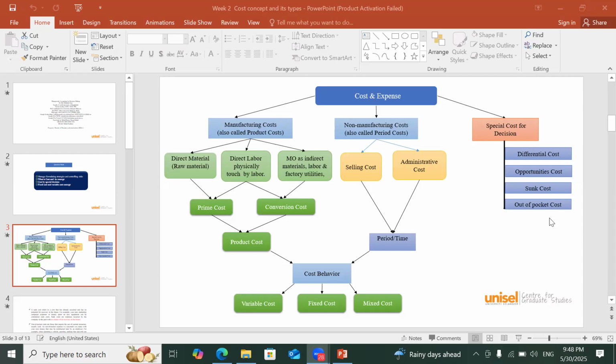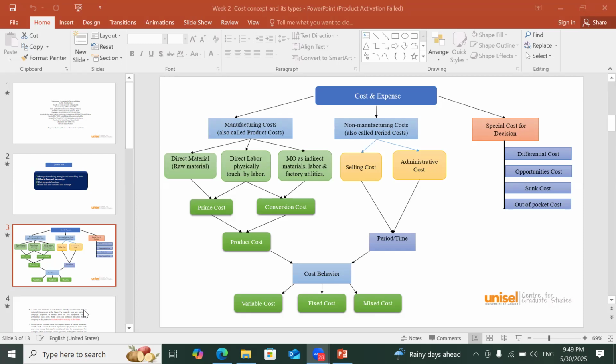So I tried to discuss some cost elements here. I think these elements are very needed or essential to produce a product, for manufacturing purposes, non-manufacturing purposes, and special decision purposes. I tried to design a diagram on the basis of the managerial aspect, not the accounting aspect. This is the cost concept diagram.